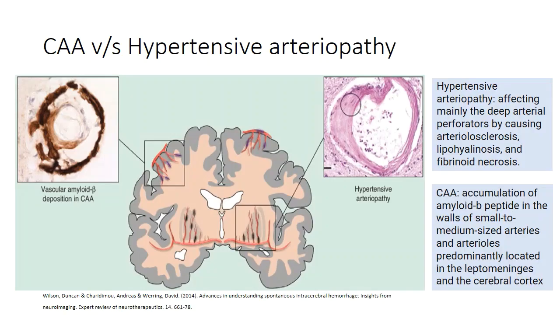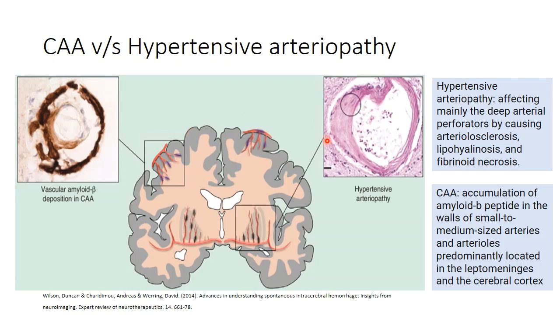So now what is the difference between a cerebral amyloid angiopathy and a hypertensive arteriopathy? If we sum it down, we know that a hypertensive arteriopathy usually involves the deeper vessels, unlike a cerebral amyloid angiopathy, which typically involves the superficial vessels of the cerebral cortex and leptomeninges.